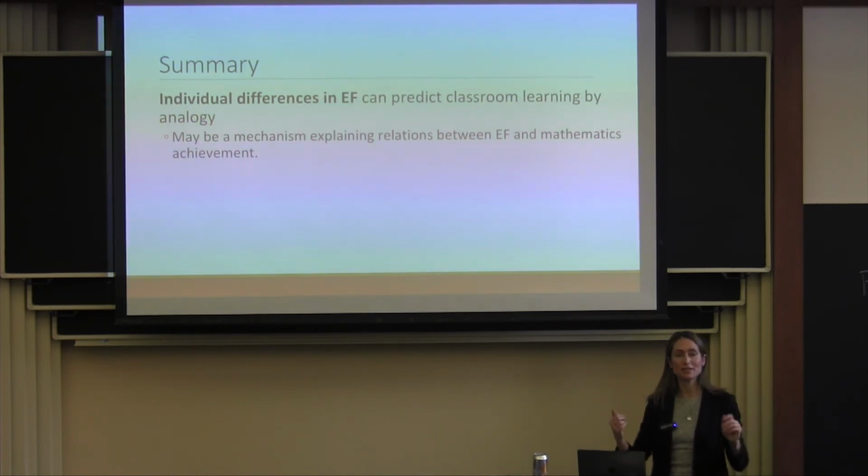However, we need to be sensitive to the fact that children's executive function varies, and this could be a mechanism explaining broader relationships between executive function and achievement. If we understand this, we can actually change and manipulate the way that we enact classroom lessons to reduce executive function load. And the ways that we've done that so far seem to be making a difference.